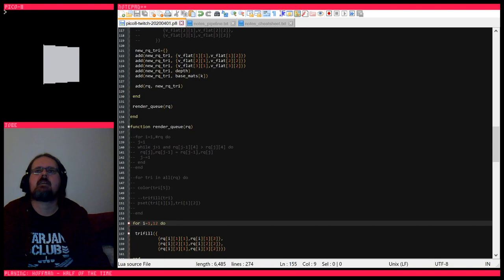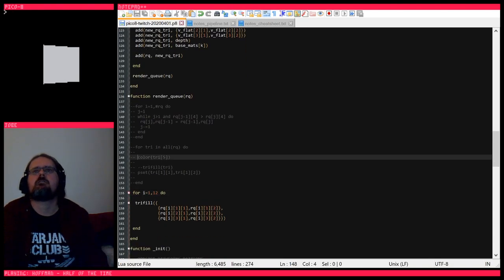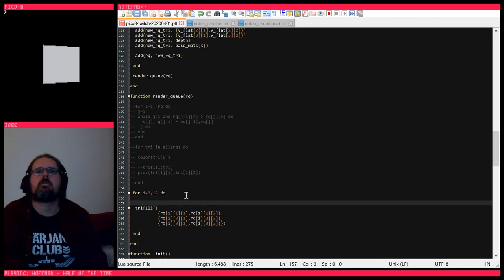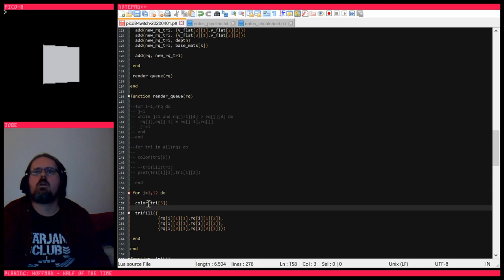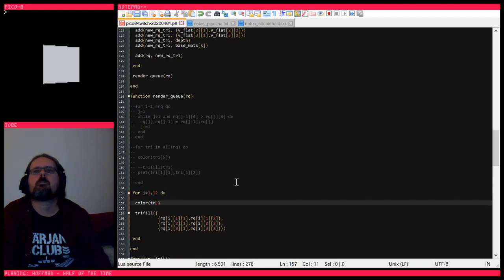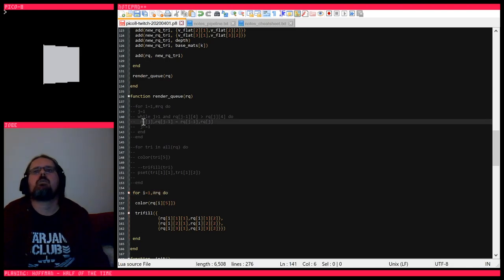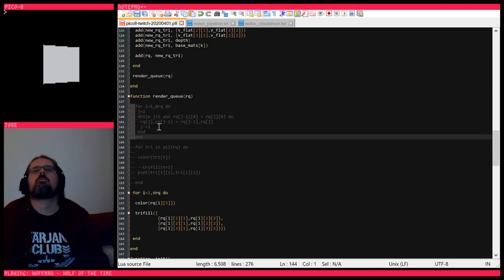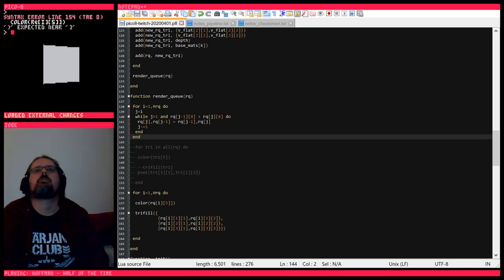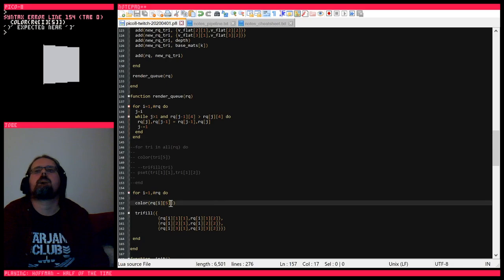It works exactly like that, but it doesn't for some reason work like that here. But now it seems to work. And now we should be able to, oh yes, we need to re-implement our sorting algorithm here.